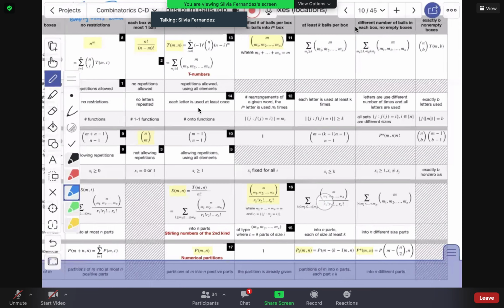To make them different, I just place them in increasing order, and it needs to be strictly increasing. So these extra columns are just specific cases of the ones that we did earlier, like pieces of the T numbers, pieces of the Stirling numbers, and so on. But you need to practice with the table and see if it helps you. All right?